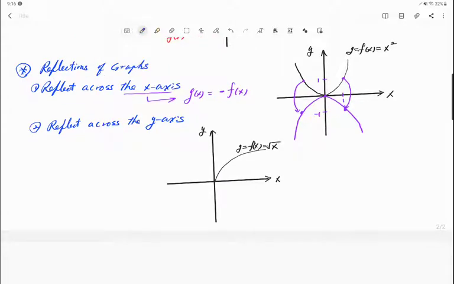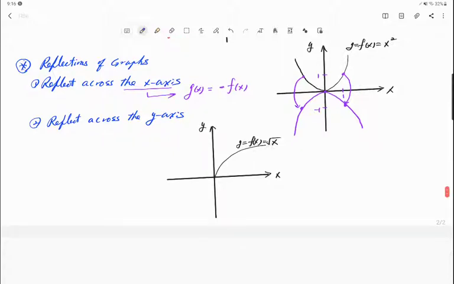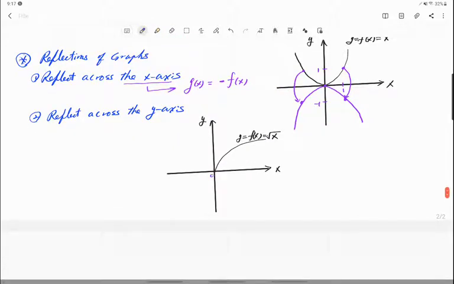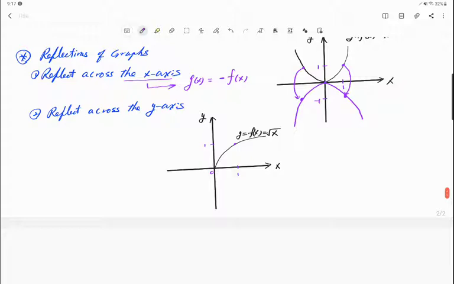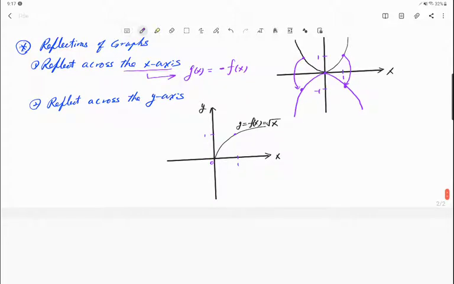Okay, now let's consider y equals square root of x. Then the square root of x graph is this. When x equals 0, y equals 0, and when x equals 1, then y is 1, right? If we reflect this graph across the y-axis, then this point should go over to the other side of the y-axis.